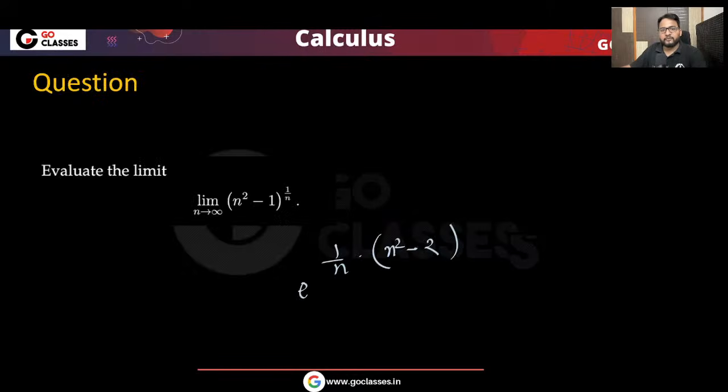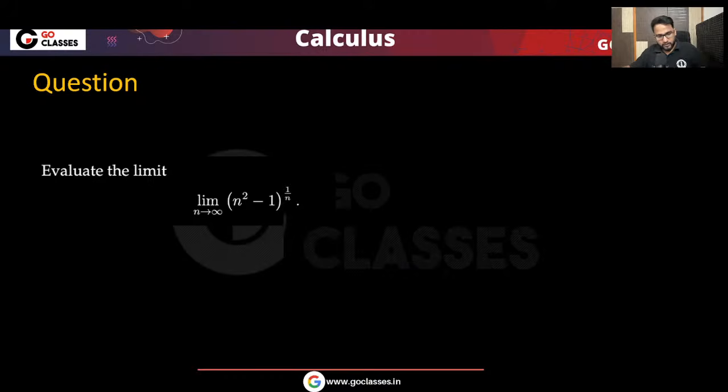So is this 1 power infinity form? Since it is not 1 power infinity form, I don't think you can do it. It is infinity upon 0 or some other form, right? This is infinity upon 0. So how are you going to solve this? Just let me know. Just think about it.